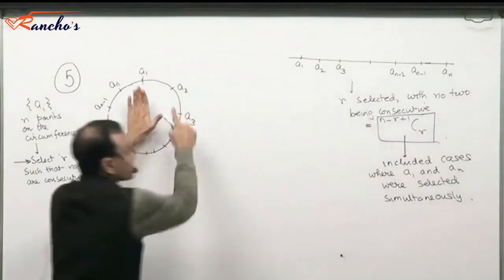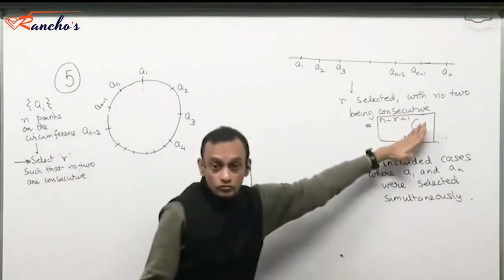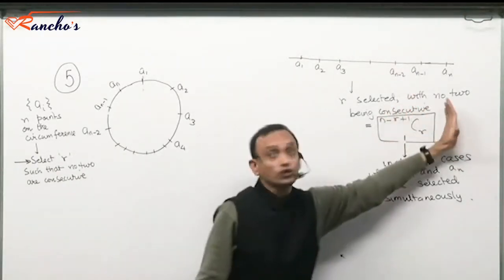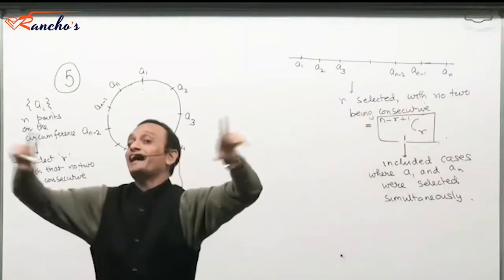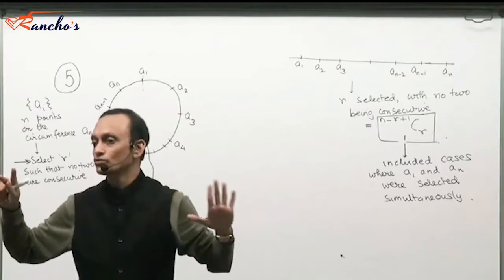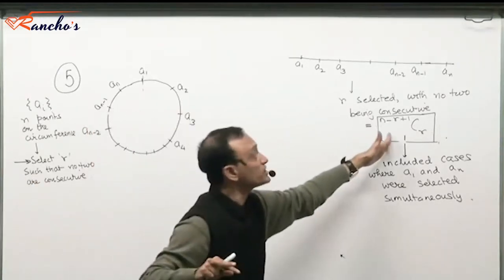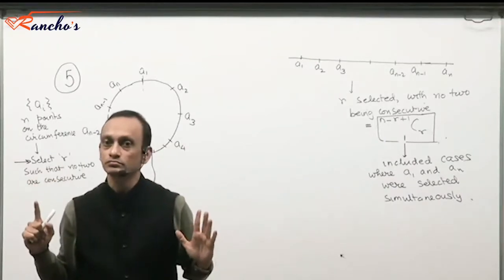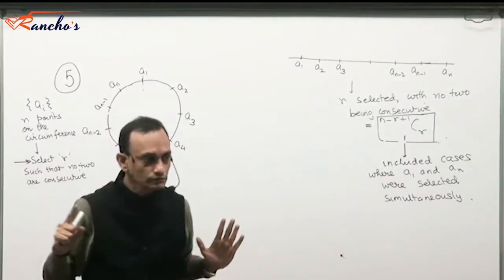In this, I would have the same count from which I will have to remove those cases. From this count, I will have to remove those cases in which A1 and AN have been selected together. Yes or no? Do you know what I'm saying?